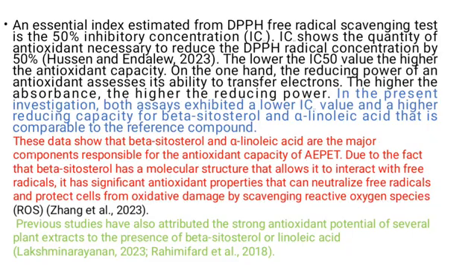So in the present investigation, both assays exhibited a lower IC50 value and a higher reducing capacity for beta-sitosterol and alpha-linoleic acid that is comparable to the reference compound. This is the result. The first statement is explaining the IC50 value and reducing capacity. Then the second one is stating the result now.